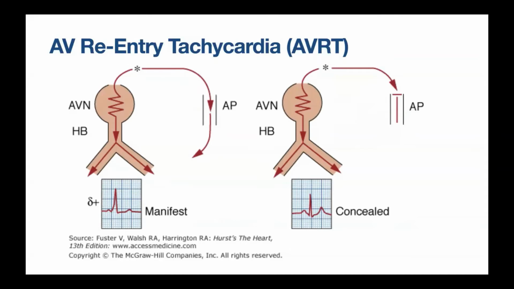And then the impulse will find its way through the AV nodes and go down to bundle of His. And that's why, in the case of sinus rhythm, not the tachycardia, we will not be able to see any delta wave or any accessory pathway here. And this is called concealed accessory pathway.